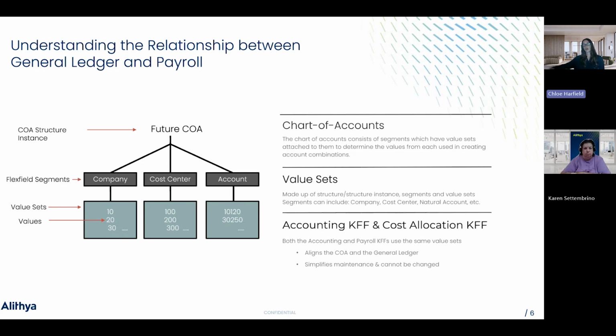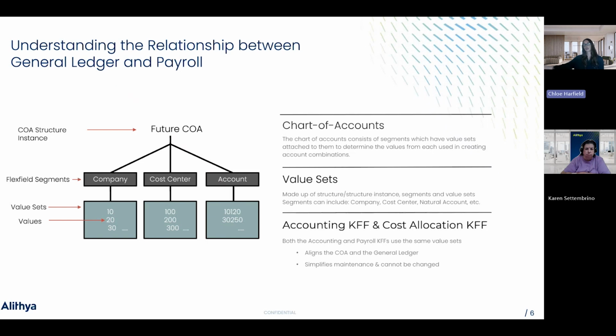And when we think about where you're defining the chart of accounts and then you're defining your value sets, how we're going to bring together the general ledger and payroll costing is really going to be through what we're defining as our accounting key flex field and our cost allocation key flex field, because these two objects within the system are going to share the same underlying value sets, and it's going to be intentional.